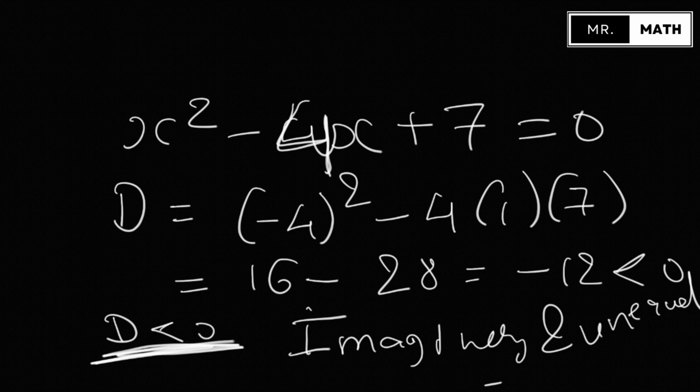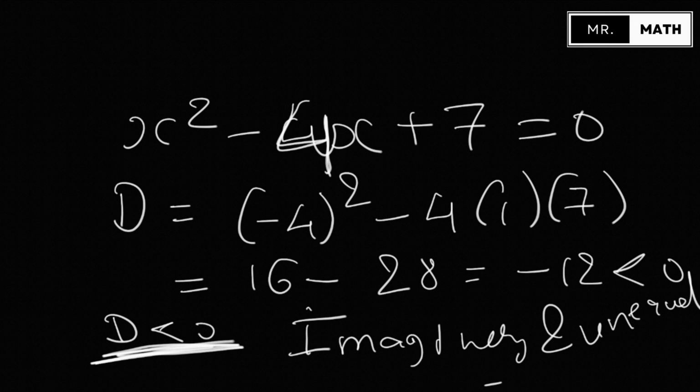Otherwise, you would have had to calculate the roots and then say that both roots are unequal and imaginary. That would take a lot of time, and in a board examination or any competitive examination, this time would be very valuable for you.